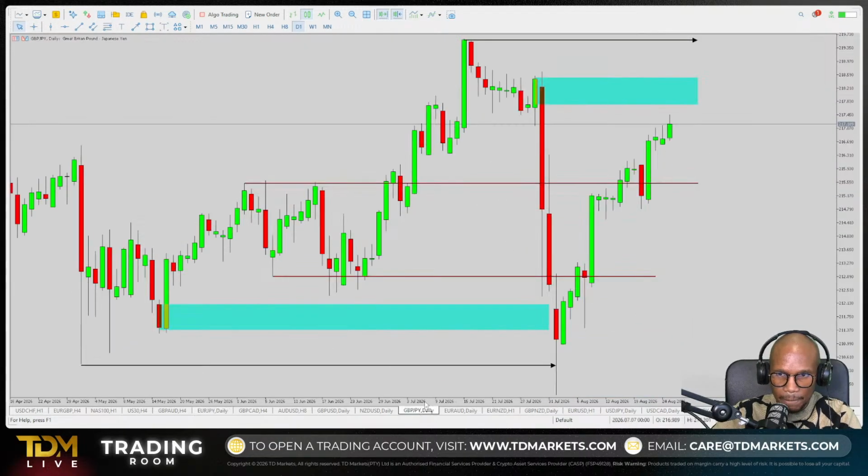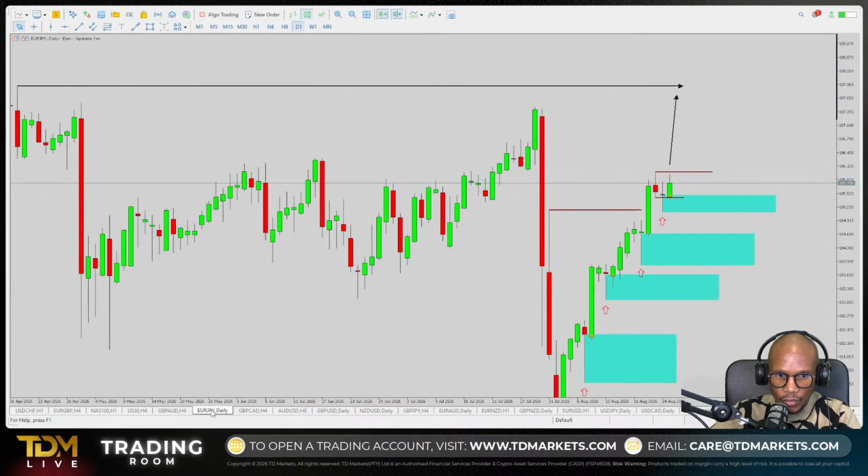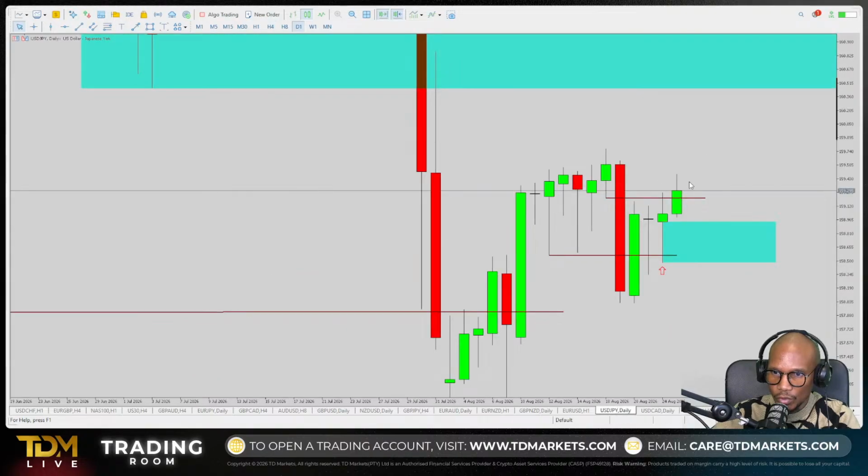Pound yen, I'm just going to leave out for now unless it gives us a correction. For me to buy pound yen, I'm looking for a correction first. Euro yen still the same, CAD yen still the same, still correcting. Dollar yen also still the same.